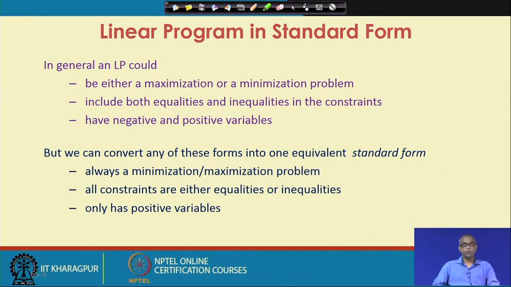So, what we are basically saying is that in general, a linear programming problem may be a maximization problem or a minimization problem. It may include both equalities and inequalities as constraints. It may have some positive variables, some negative variables, but it is always possible for us to convert an LPP of any of these forms to a standard form.